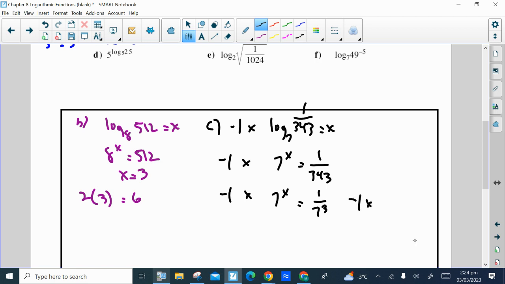So negative 1 times 7 to the x equals 7 to the negative 3. So therefore x equals negative 3, and our answer will be negative 1 times negative 3. So the final answer for that one is positive 3.